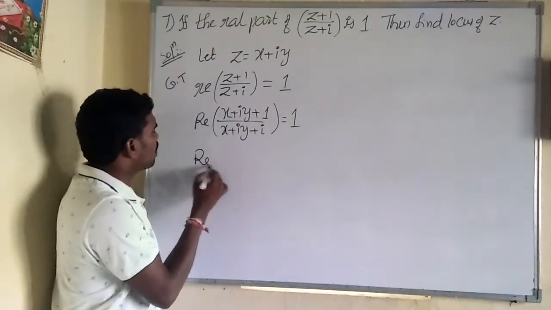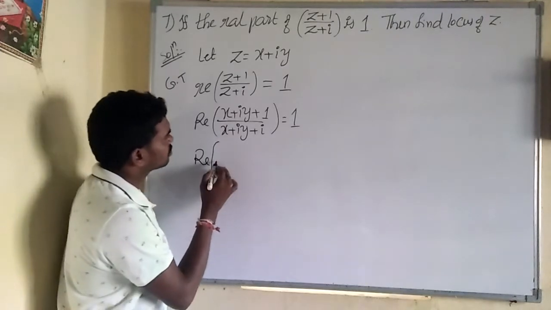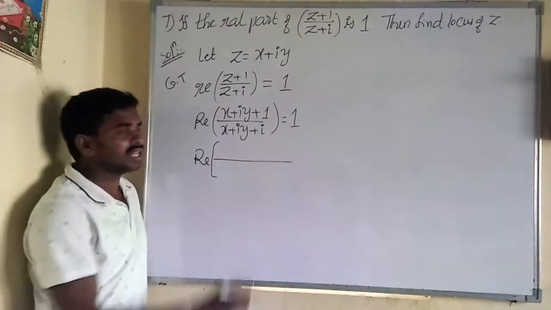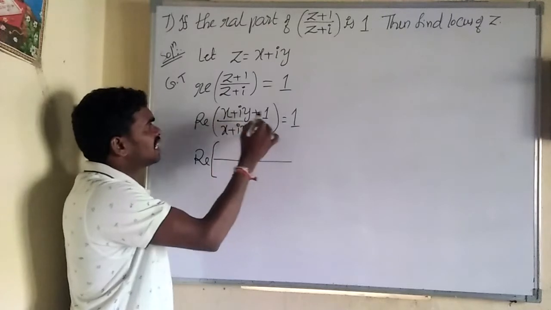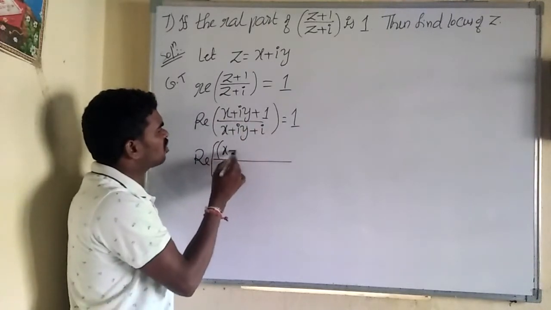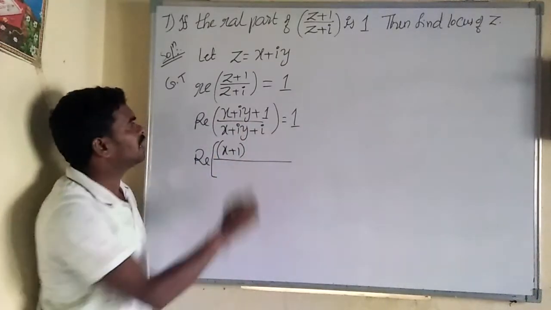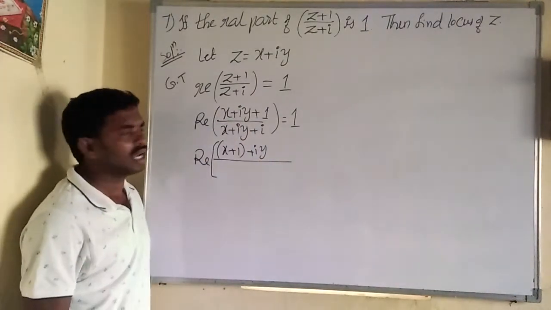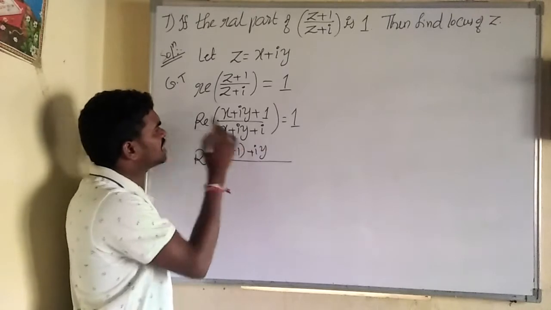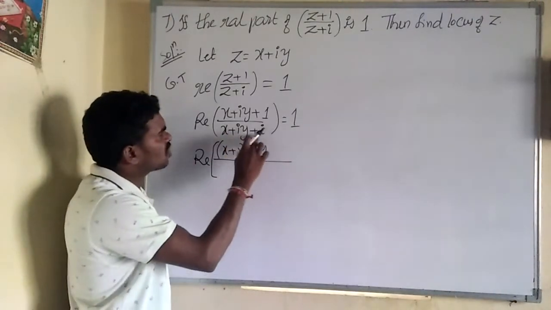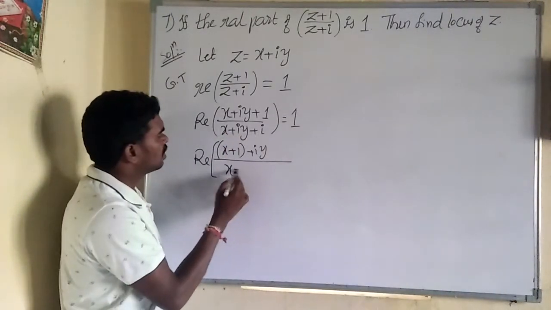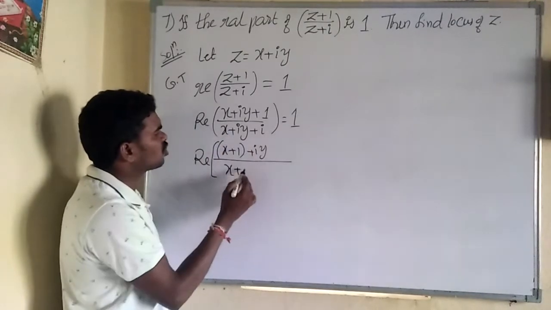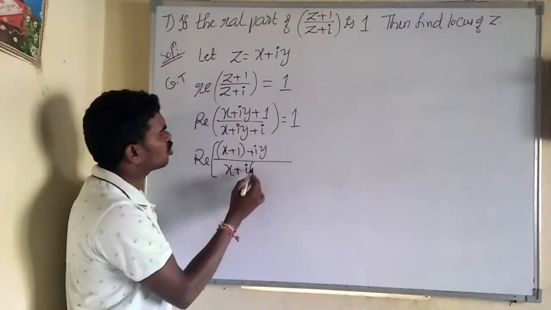Then real part of, here x is there, here 1 is there. So write x plus 1, and plus iy as it is. And the denominator: here x is a term and there is no other term. So x plus i times the coefficients; here the i coefficient is y and here the i coefficient is 1.